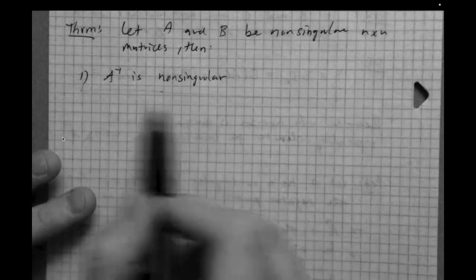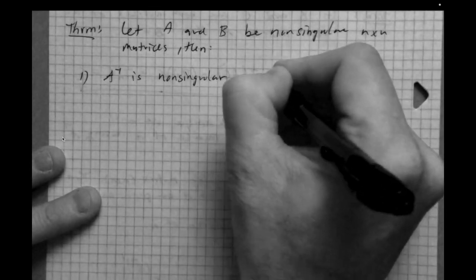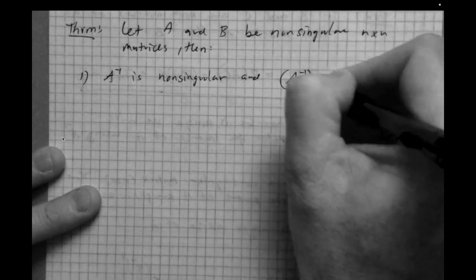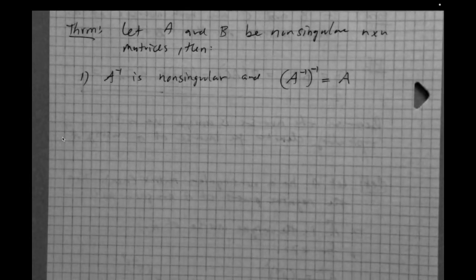But we like to go through this because A inverse is non-singular, and this introduces some notational conventions. If I take the inverse of the inverse, I get back to the original. This is just literally applying the definition: A times B equals B times A equals identity, right?